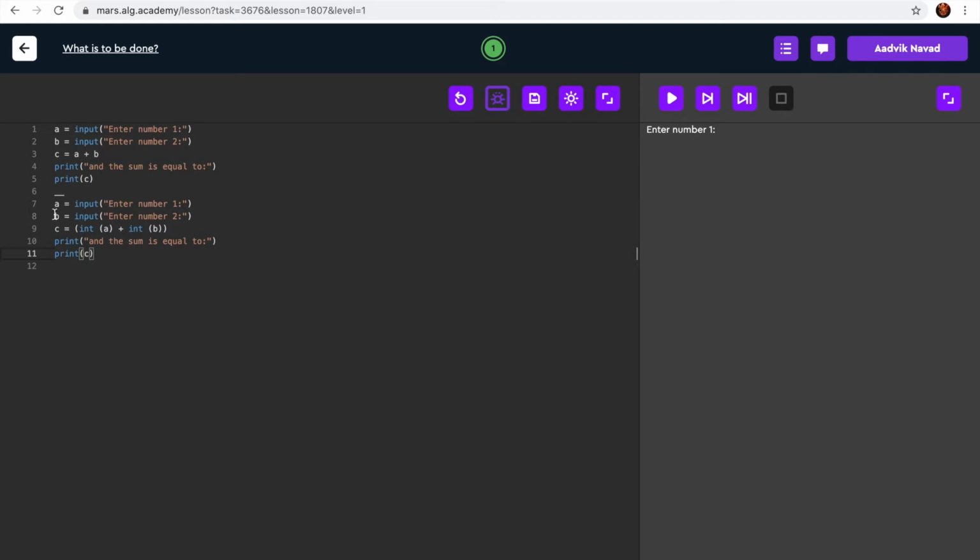The same thing applies to b, except it's enter number 2. And then here's the difference in the code, the main line, which is the calculation. This is what is wrong in the code that Mars Academy gave us: line 3 and line 9.